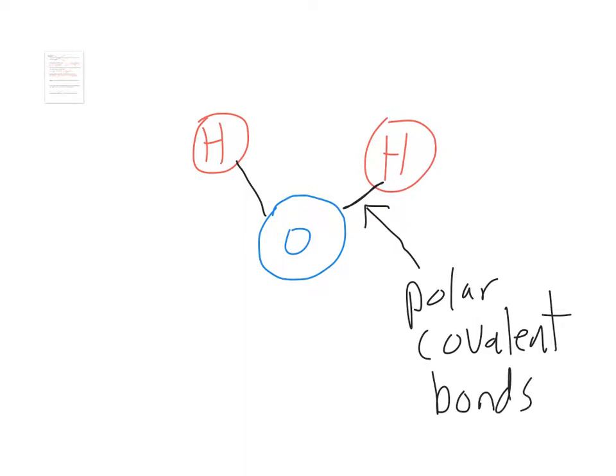Okay, both of these are polar covalent bonds. Now, because it's polar, that means that my hydrogens up here are going to have a partial positive charge and my oxygen is going to have a partial negative charge. Y'all with me so far?